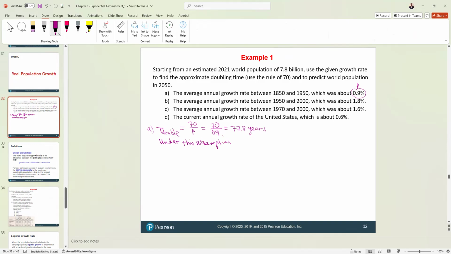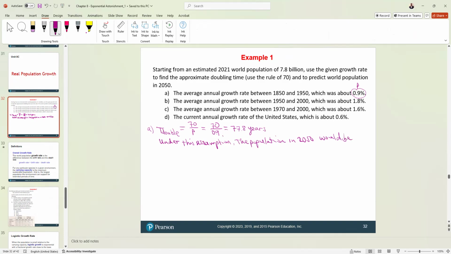Under these assumptions, the population in 2050, because they ask you what will be the population, to predict world population in 2050, right? Would be what?